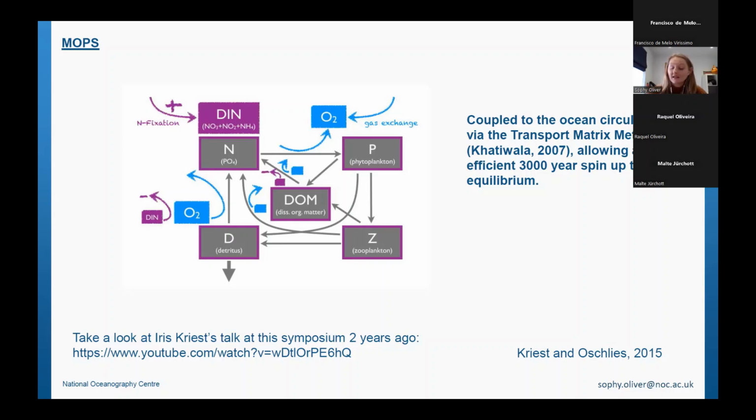And this, again, if you recognize this NP-DZ structure, it's just got a few more boxes because it includes the oxygen cycle and the denitrification and nitrogen fixation. And so I use this and tune some parameters in this model. And if you'd like to know a little bit more about MOPS, Iris Kreis actually gave a talk at this symposium 2 years ago, and her video is on YouTube, so I definitely recommend if you're interested in MOPS.